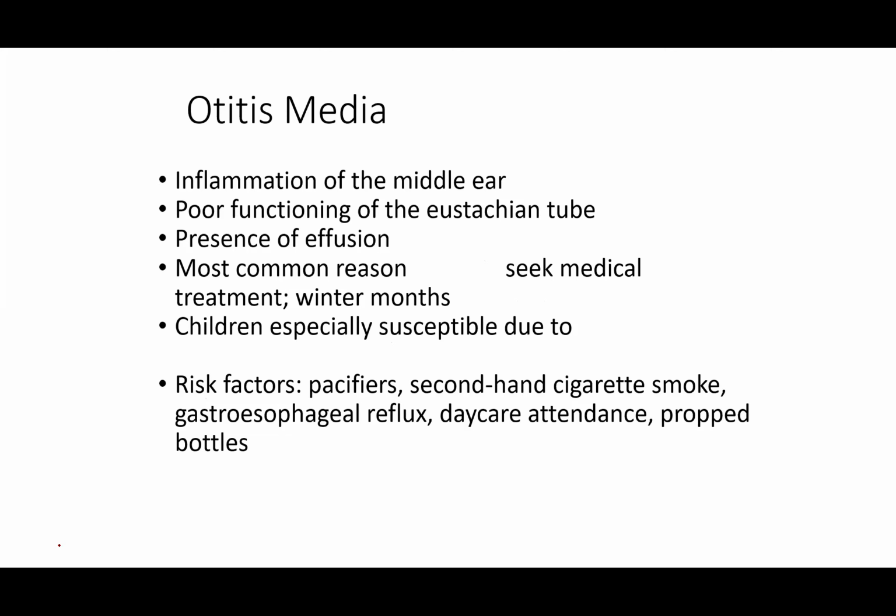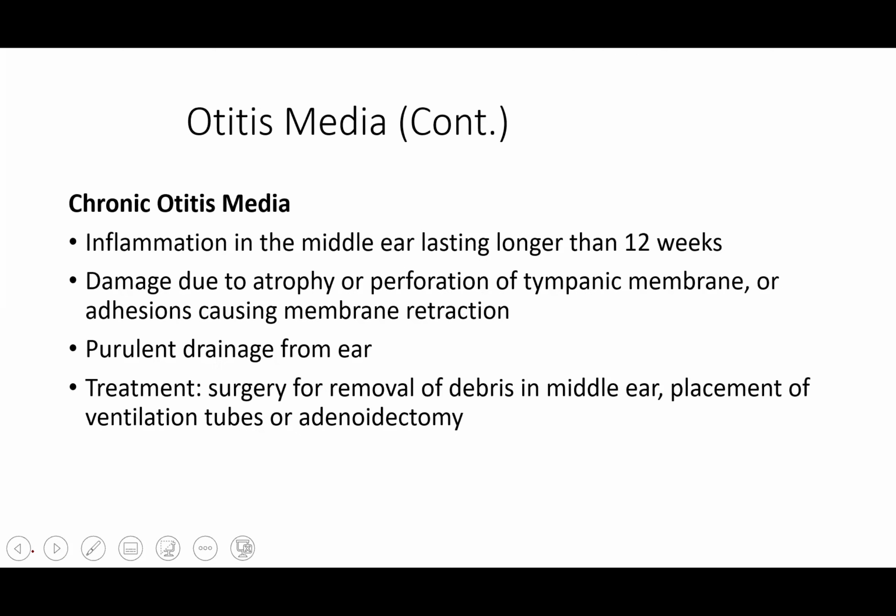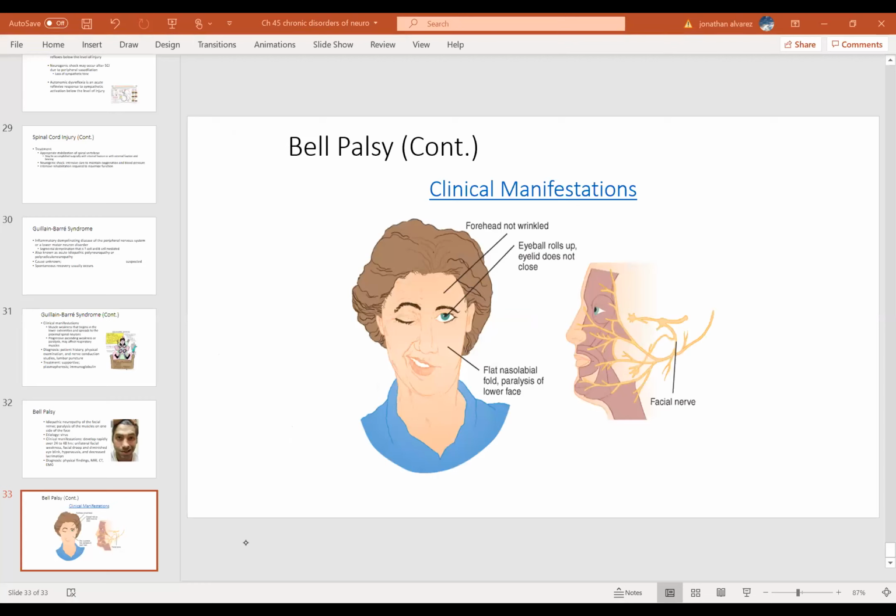So otitis media is inflammation of the middle ear. This is something that I work with quite a bit, the eustachian tube, because what happens is, okay, so here's the eustachian tube.